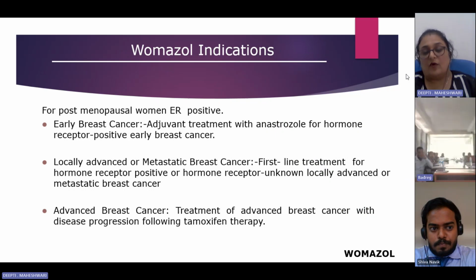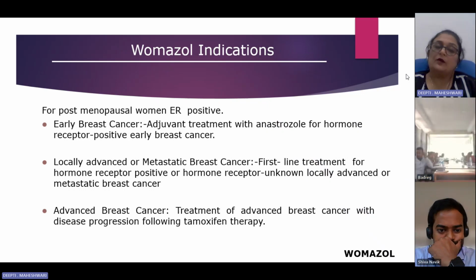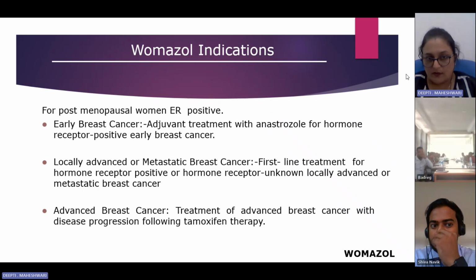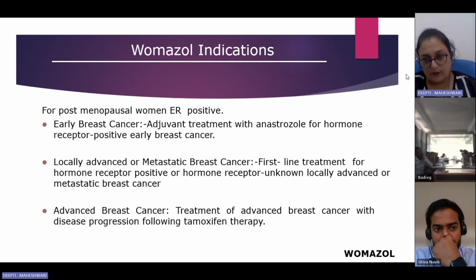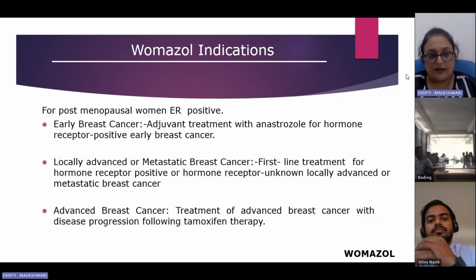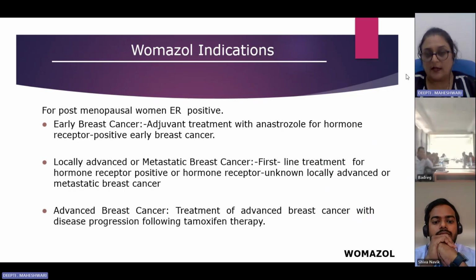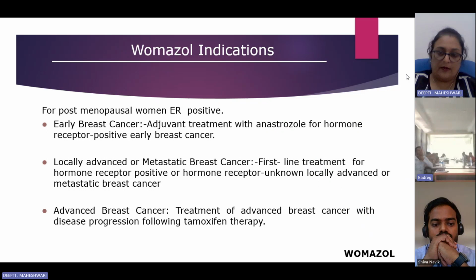So the patients who have already taken tamoxifen therapy, and still the disease is progressing, can also be switched to anastrozole. So basically, in early breast cancer also it is approved. It is approved for locally advanced and metastatic breast cancer, for hormone receptor positive and hormone receptor unknown cases, and also in advanced breast cancer where the disease is progressing in spite of tamoxifen therapy, right?